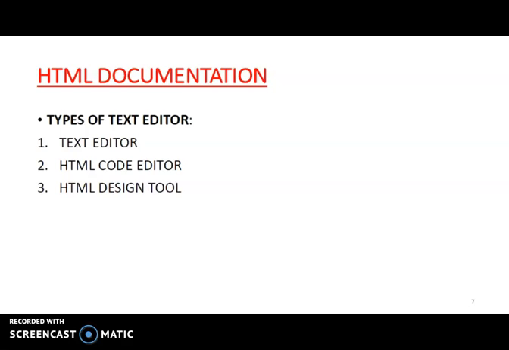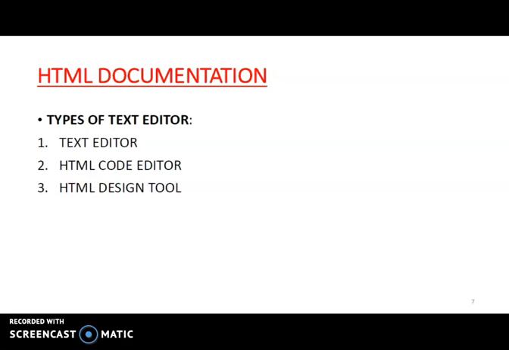The second one is the HTML code editor. What is the meaning of HTML code editor? For example, UltraEdit and EditPlus. These are examples of HTML code editors. And the third one is HTML design tools. The HTML design tools provide drag and drop facility.